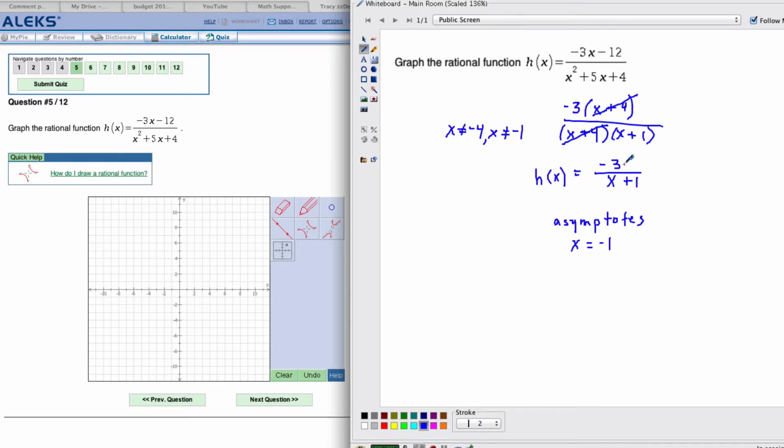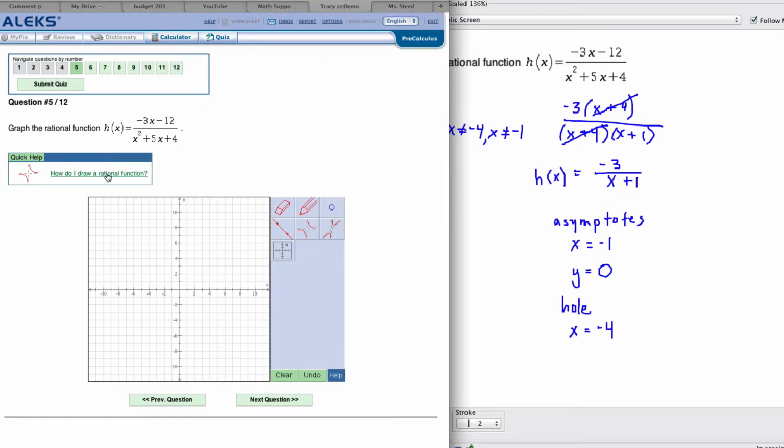If the degree of the numerator is smaller than the degree of the denominator, then your other asymptote is y equals 0. So that's your horizontal asymptote and your vertical asymptote. Which means that the other restriction we had before we simplified is a hole.